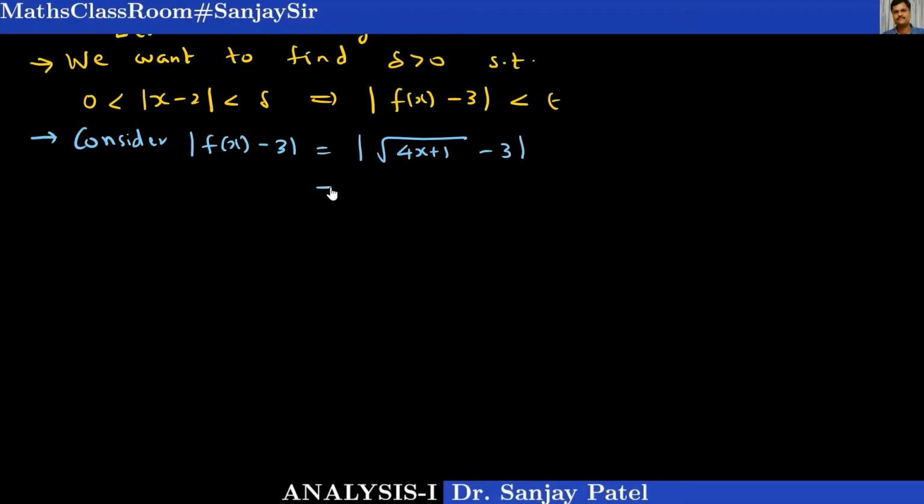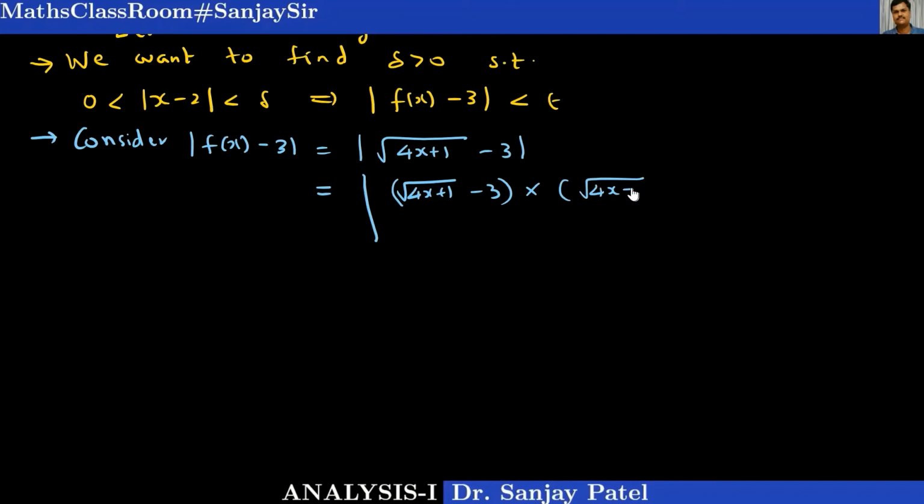So for that, let us multiply and divide by the conjugate surd of this expression, or conjugate expression. So it is square root of 4x plus 1 minus 3. If you have a minus b, you can multiply and divide by a plus b.